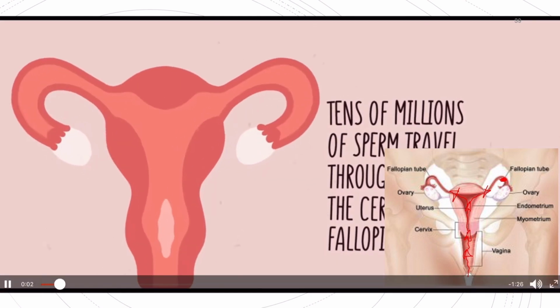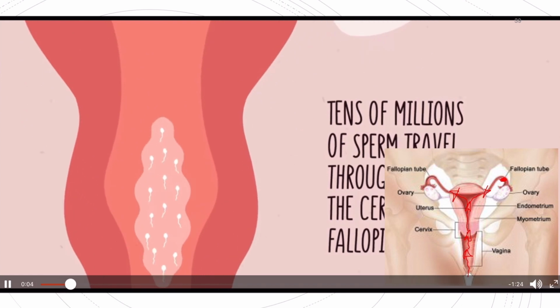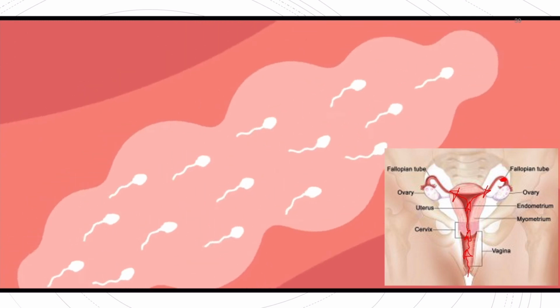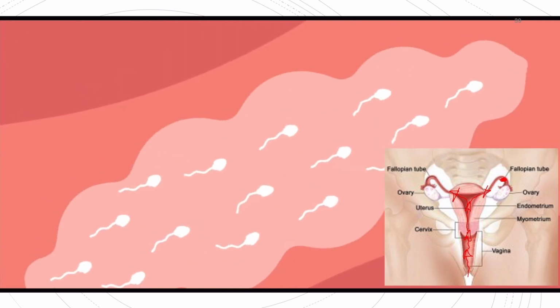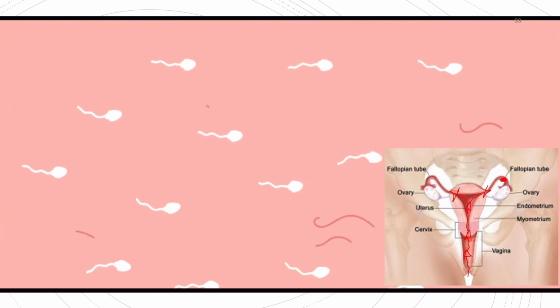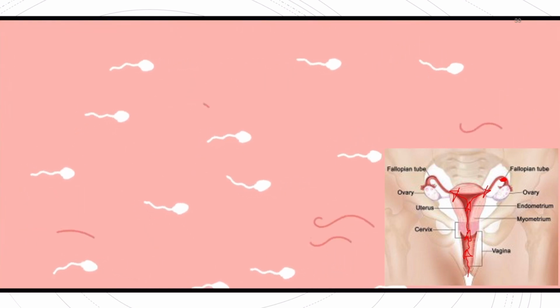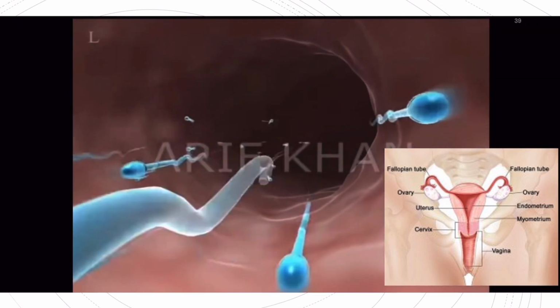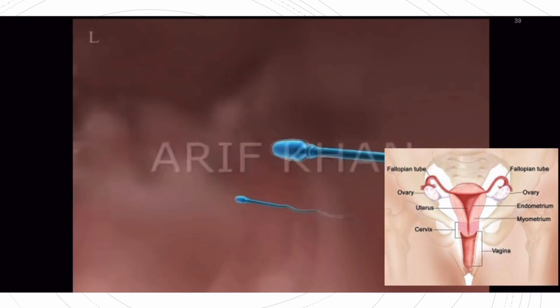Now, there are our sperm cells in the vaginal opening. They will move up the vagina to the cervix, to the fallopian tubes, and there they are in the fallopian tubes.